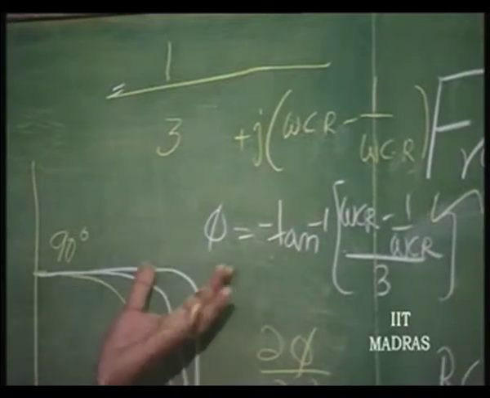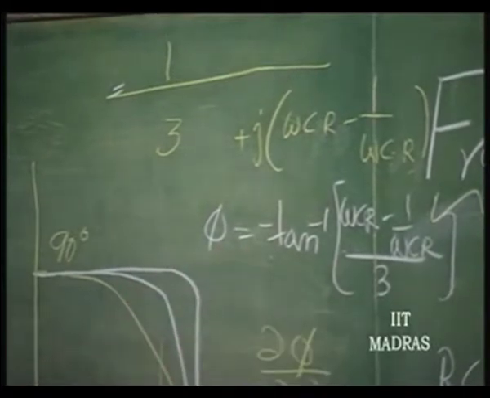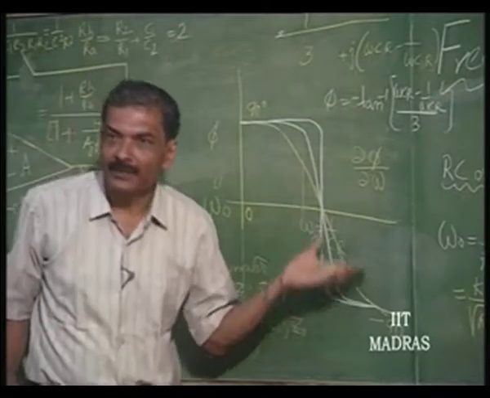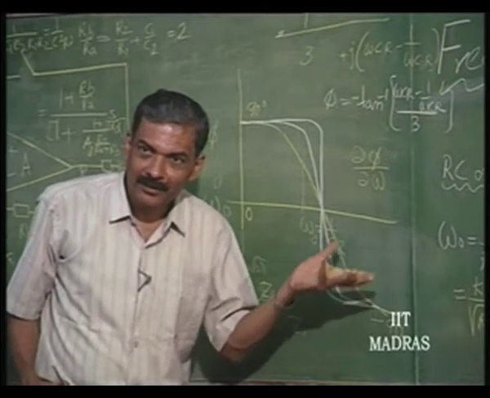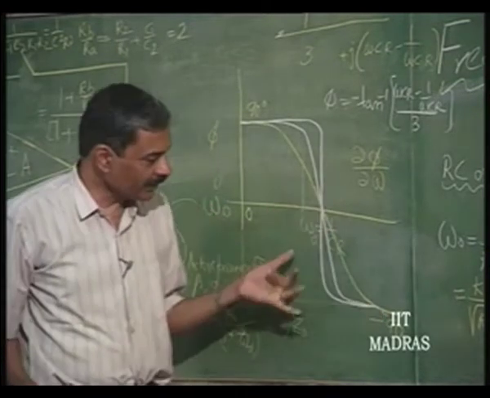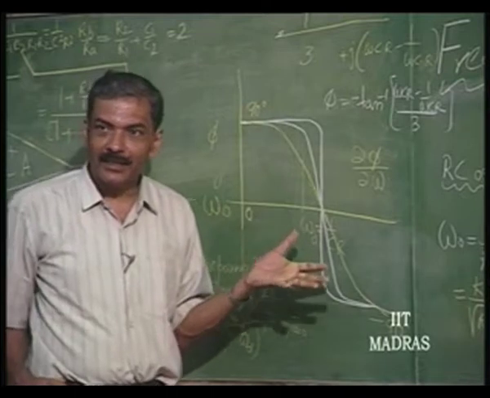So, this is the phi. You can differentiate and find the maximum at omega equal to 1 over CR, and you will find that this quantity is not much for any passive network for that matter. Whether it is phase shift or Wien bridge, you can always find that delta phi by delta omega is not going to be much.